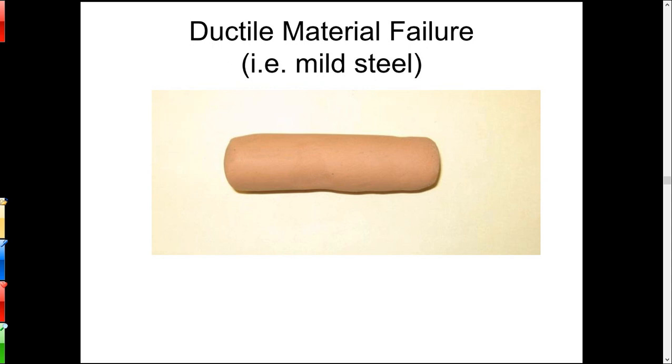It's stretchy compared to like a cast iron or something, so it's got just a little bit of stretch into it. So if you take a mild steel and make a shaft out of it and apply enough torsion to it to break it, how do you suppose it's going to break? Where do you expect that thing to fail?